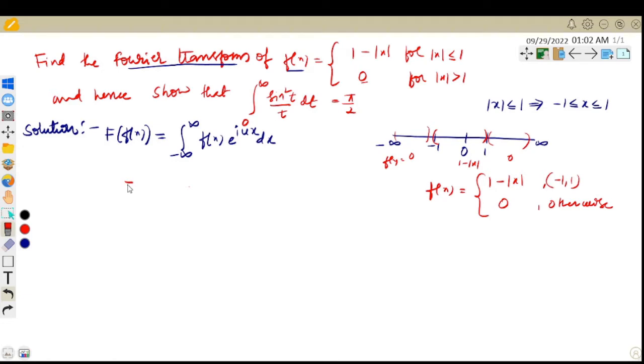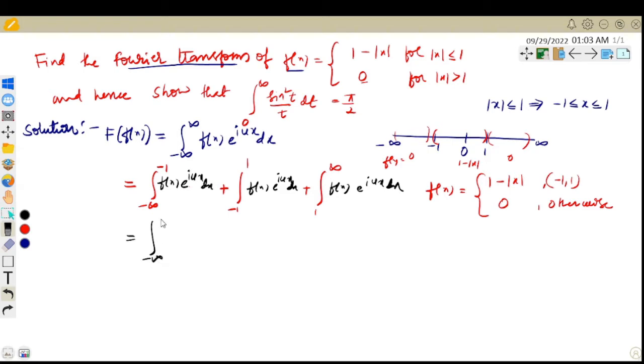Now this is equal to the integral from minus infinity to minus 1, minus 1 to 1, and 1 to infinity of f of x into e raised to iux dx.